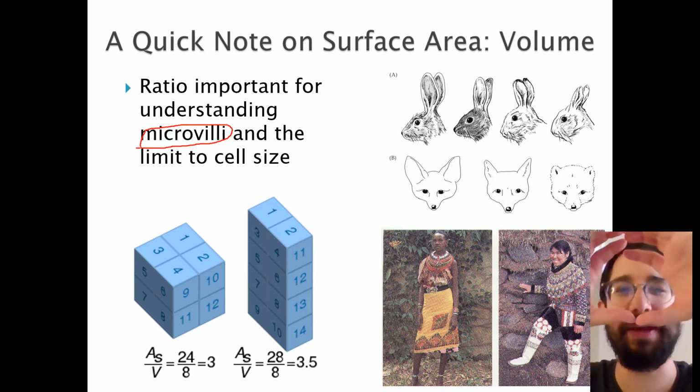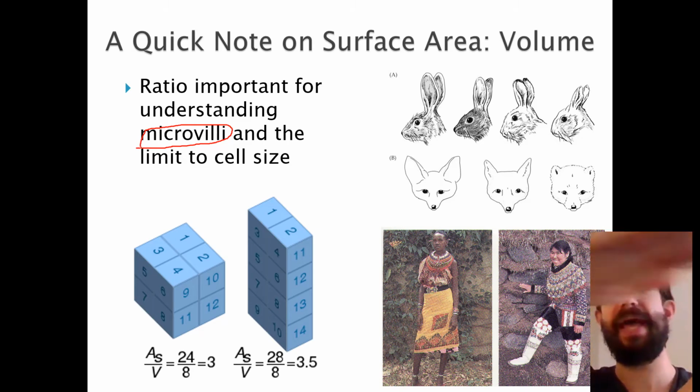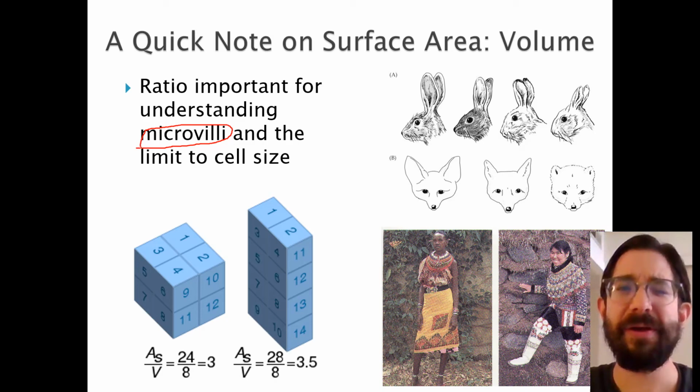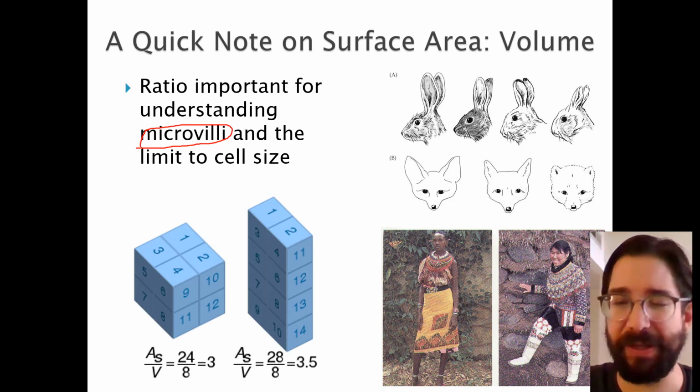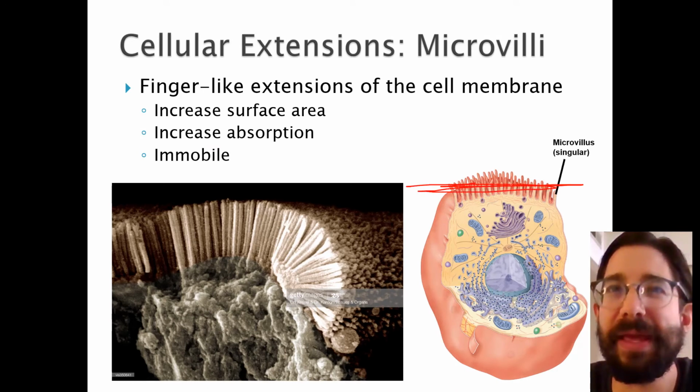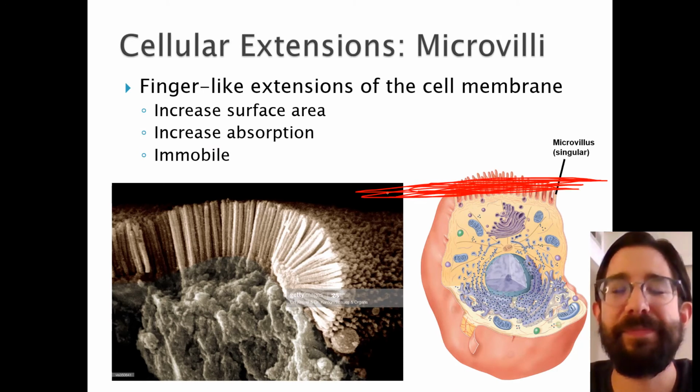That's not very much surface area to help absorb the spill. But if you took that same ball and you squashed it into a big flat disc shape and you drop that on the spill, oh yeah, super good absorption. That's what we're talking about here when we talk about microvilli. If cells had just flat tops, and many of them do because they don't need to absorb, that wouldn't be very good at absorption.